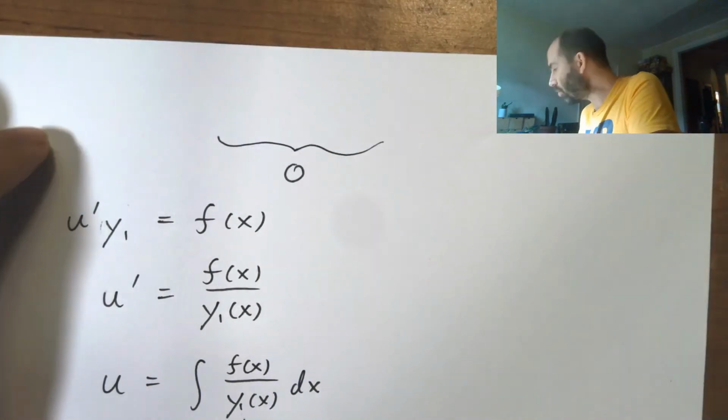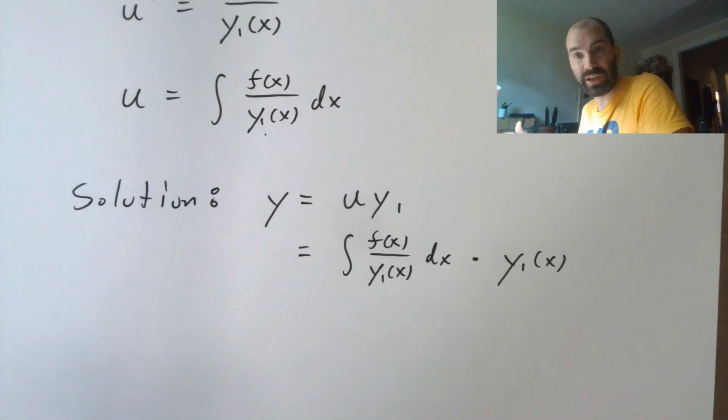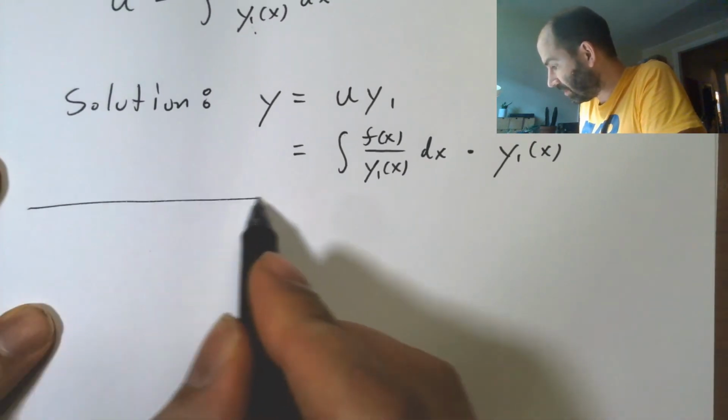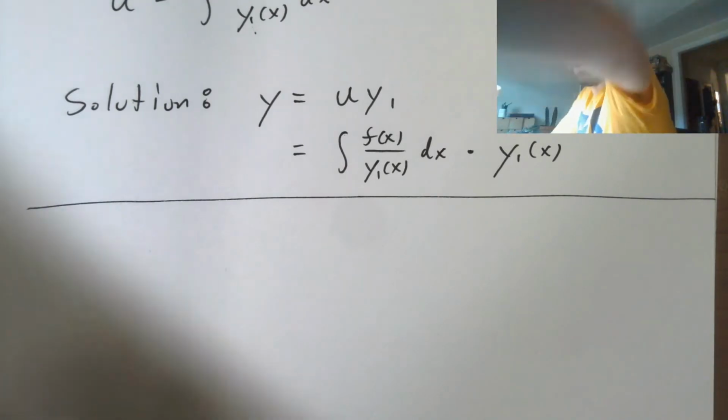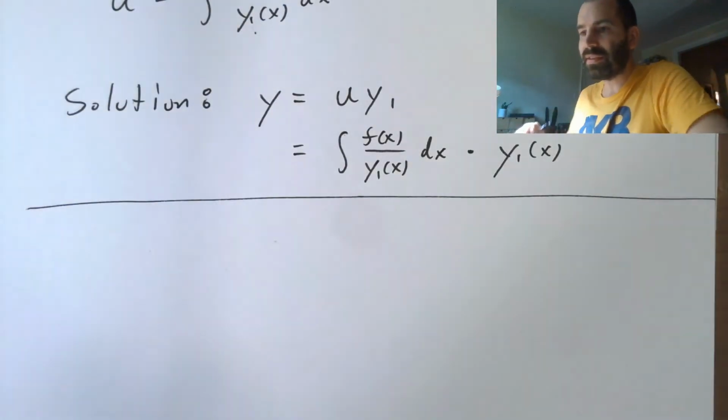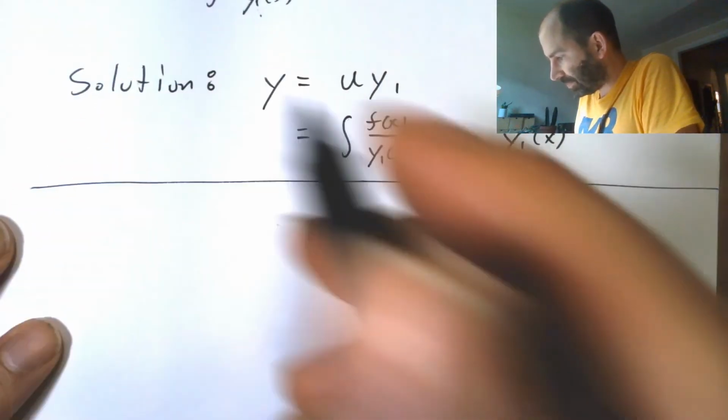Okay, so let's do this with an example so we can see this working with particular functions in place of these variables. Okay, so the example that I want to look at is this one.